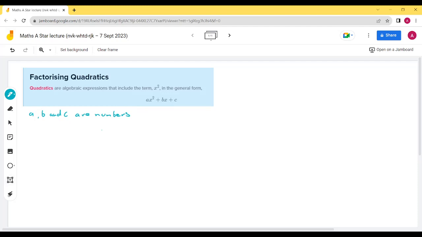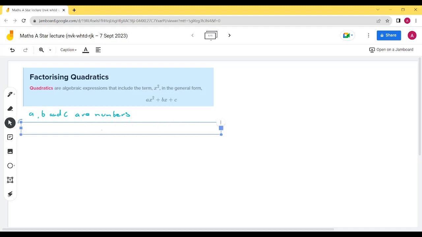So it's always like this. Now, the a is not really relevant when we deal with foundation maths, because in foundation maths, a will always equal 1. So whenever you see a quadratic equation, it'll be x squared, and then maybe it could be, say, plus 3x plus 5 for b, and c will represent numbers. Okay.